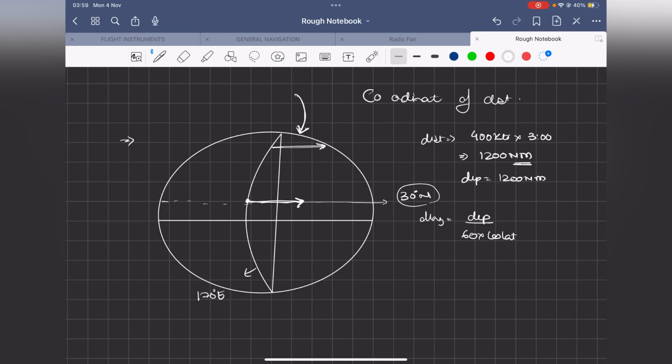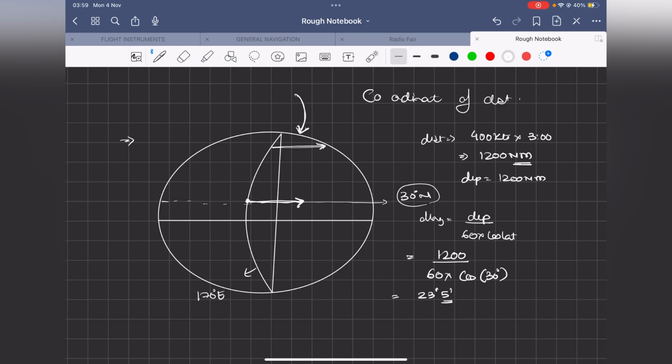I have done nothing but just rearranged it. So how much is our departure? Departure is 1200. 60 into, what is it? Cos of 30 degrees. When you calculate this, you will get a d long of 23 degrees 5 minutes.